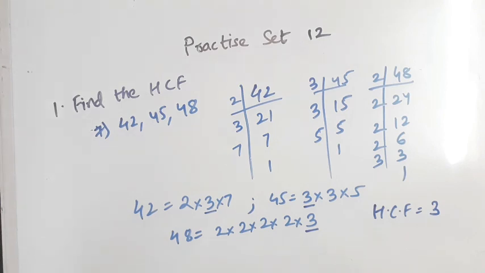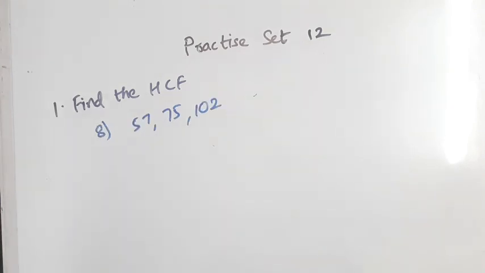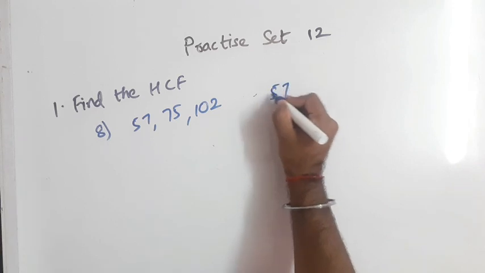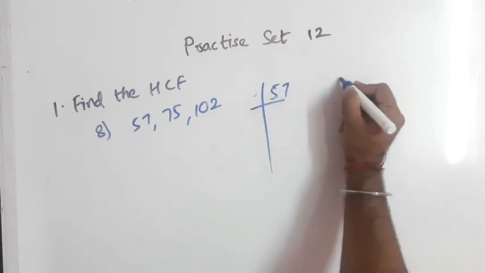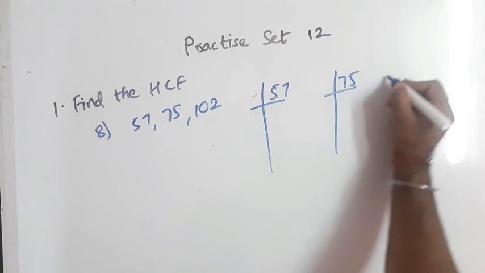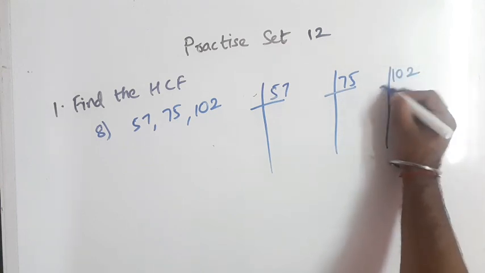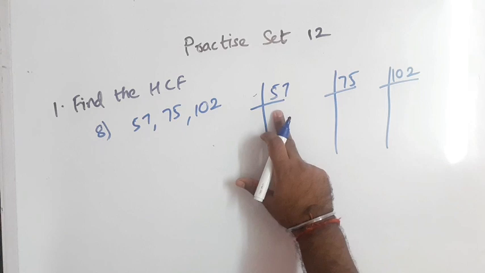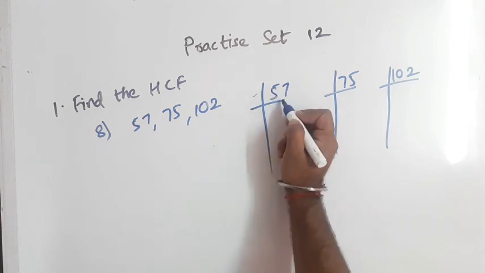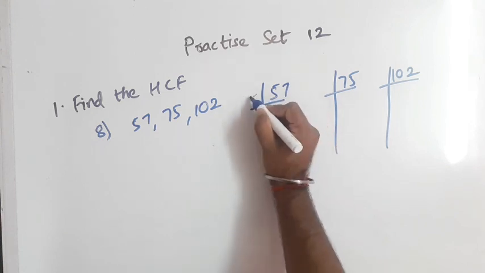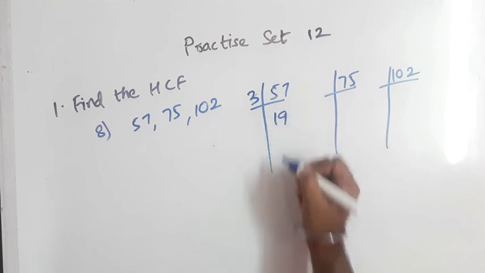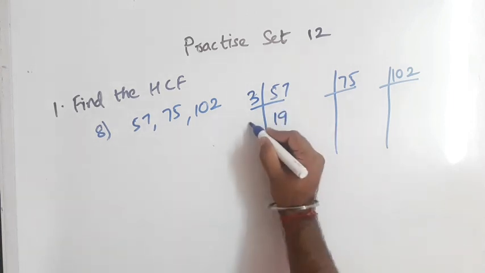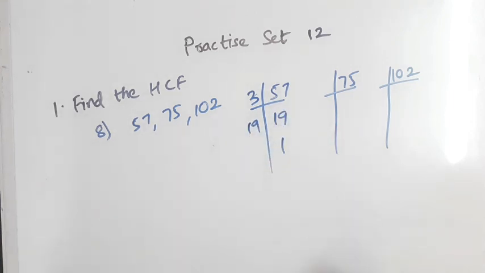Okay, then 8th one says we have to find the factors of 57, 75 and 102. Now 57 goes in the table of 3. So 3 19s are and 19 1s are.